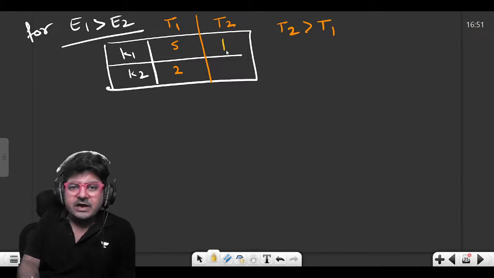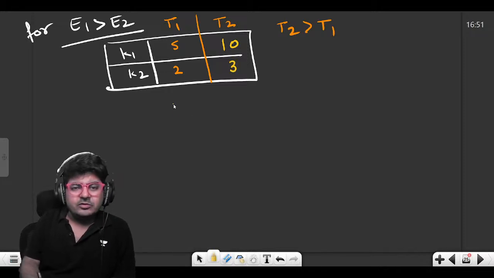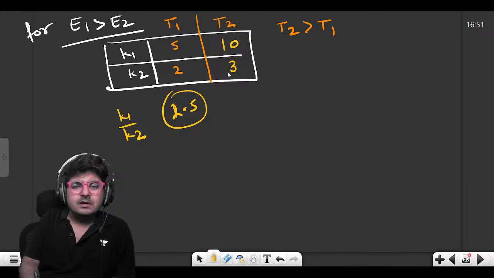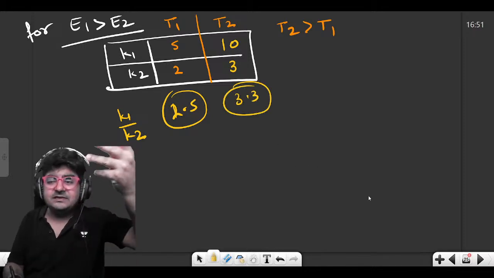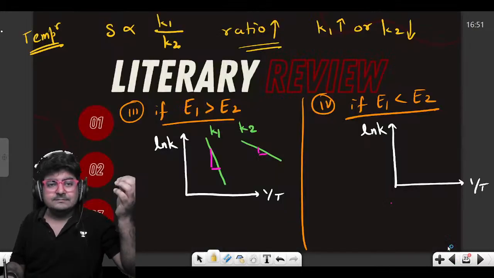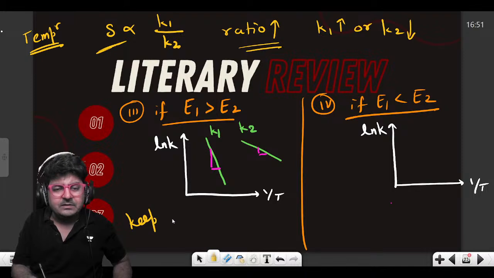Suppose K1 डबल हो गया 10 times और K2 1.5 times increase हुआ, 3 बन गया. तो you can see the ratio. इस केस में T1 के लिए ये रेशियो था 2.5, अब ये रेशियो हो गया 3.3. तो you can see ratio has increased. That means selectivity will increase. So what will I do? I will keep high temperature in such scenario.